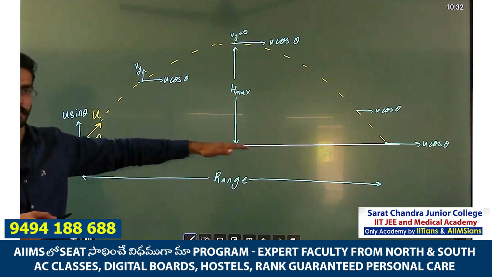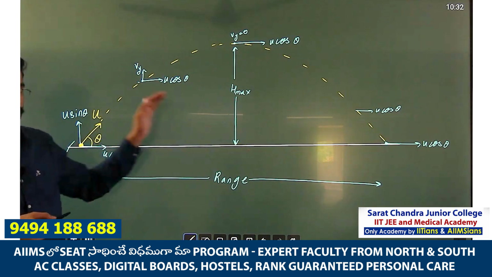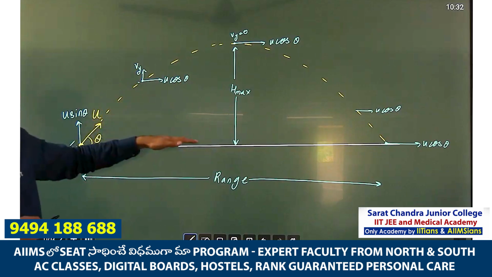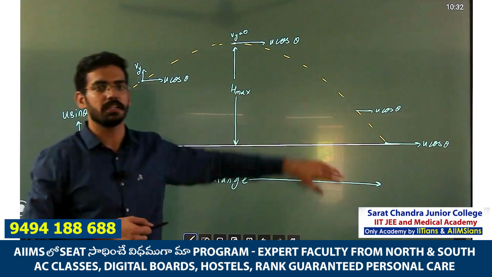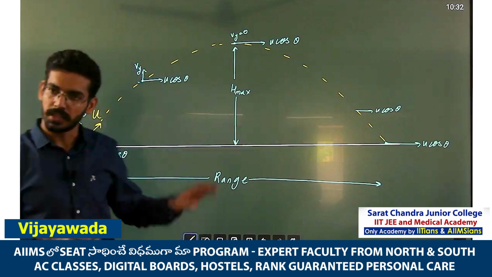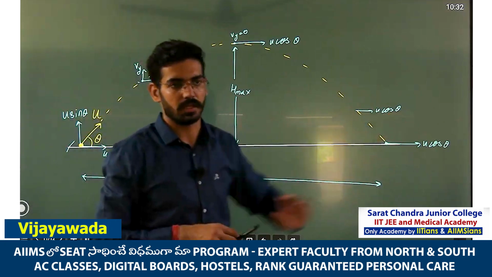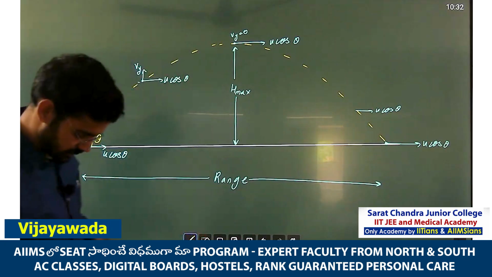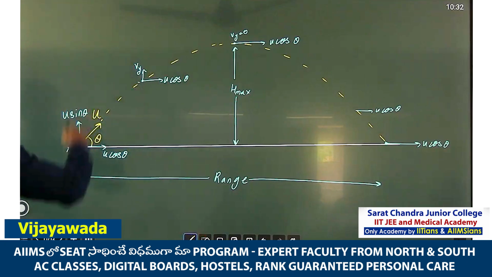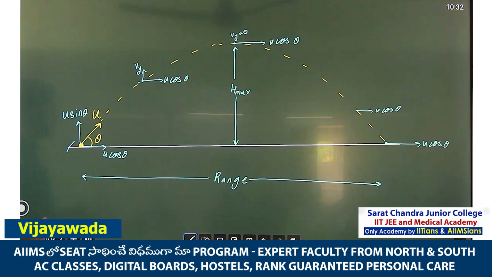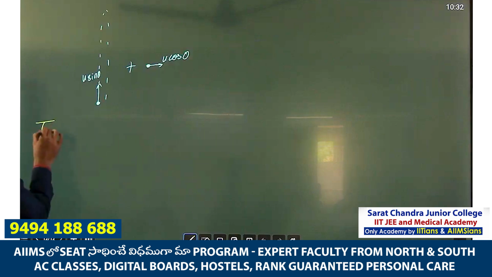So always perpendicular to the plane, because the velocity which is along the plane is not deciding when it is hitting the ground. That is only giving the range. So vertical direction velocity is deciding when it will hit the ground. So think only in vertical for the time of flight.